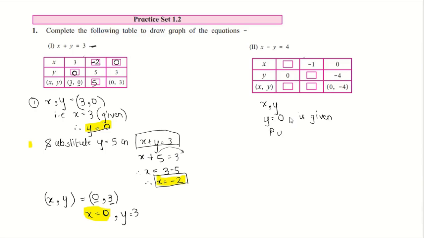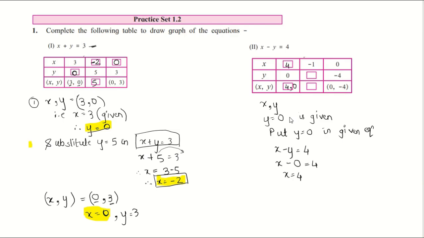Put y is equal to 0 in the given equation. So x minus y is equal to 4, y is 0, x minus 0 is equal to 4. So here we will get x is equal to 4. That means the answer is x is equal to 4, x comma y is 4 comma 0.